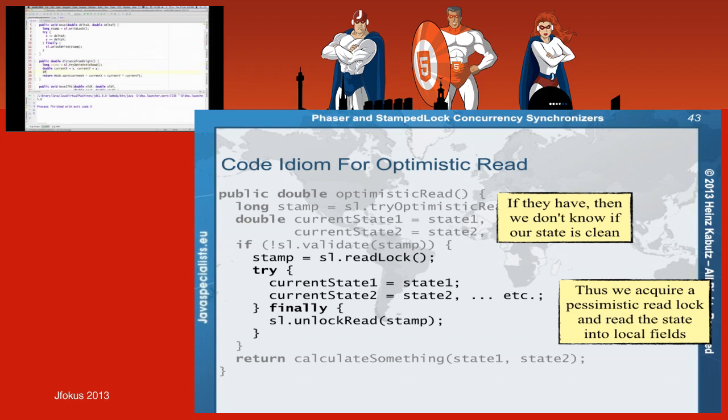And then after, just say if not sl.validate(stamp), we get the read lock, which is simply stamp equals sl.readLock. Try, and we do this read a second time. Need a semicolon there. Finally, sl.unlockRead we can do with the stamp.